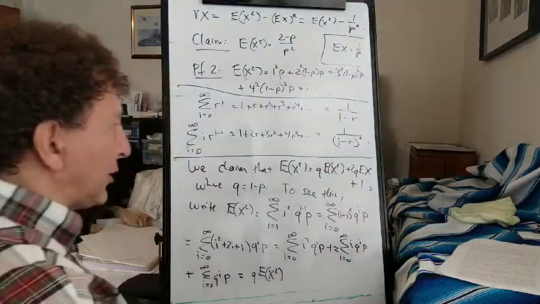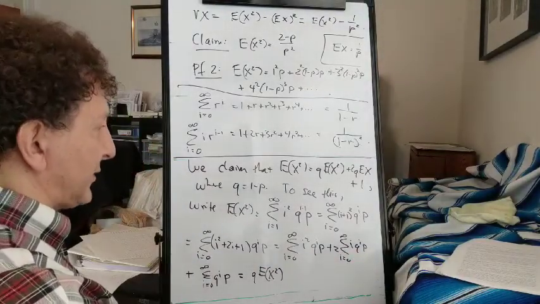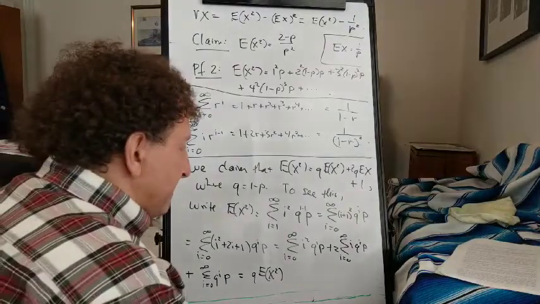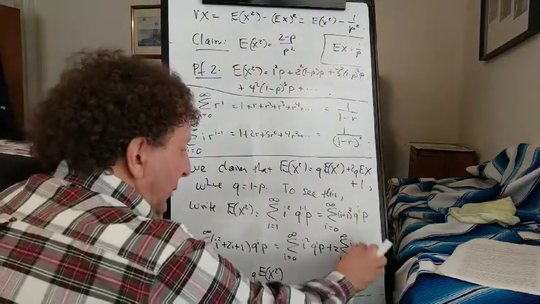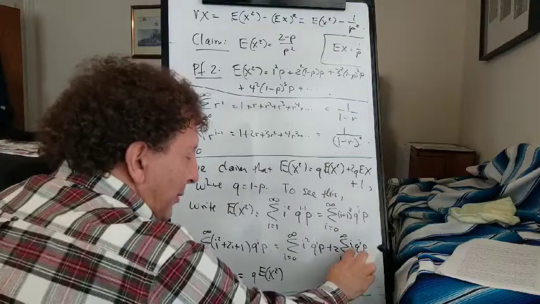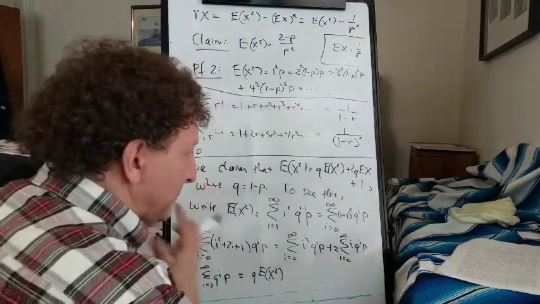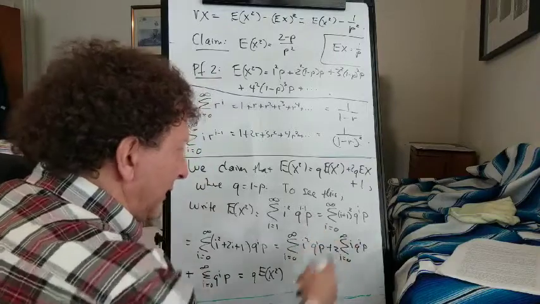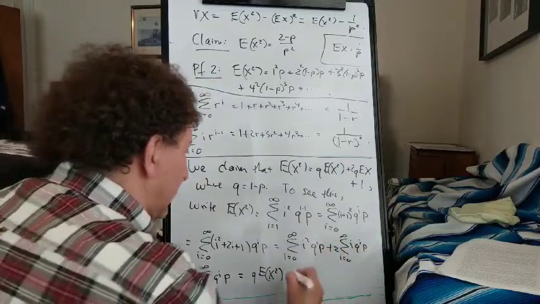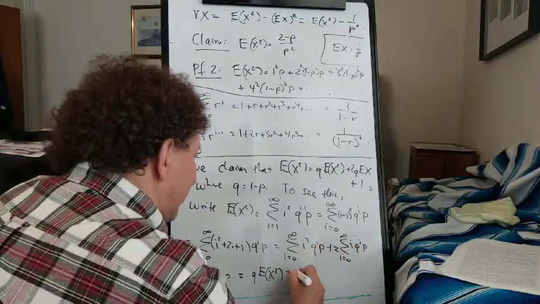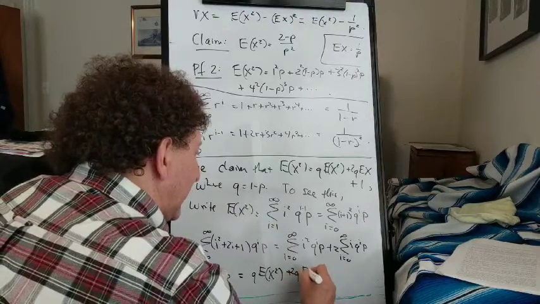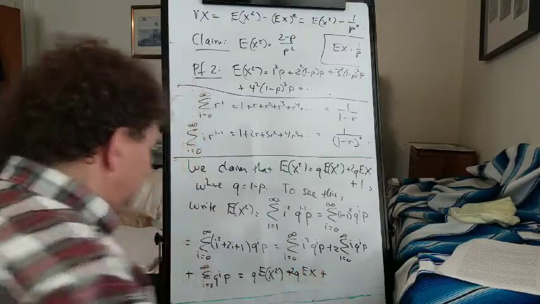Now the next term looks a little bit like expected value of x, i times probability of i. But actually the probability that x equals i would be q to the i minus 1 times p, not q to the i times p. So let's pull a q out of that. So we have 2q expected value of x.